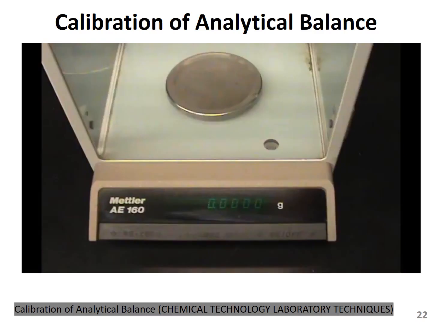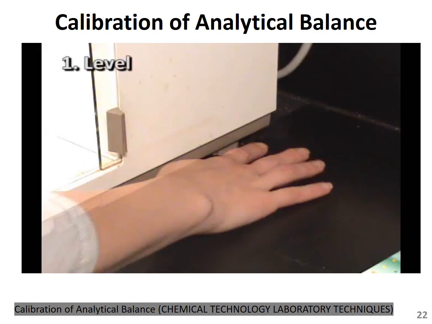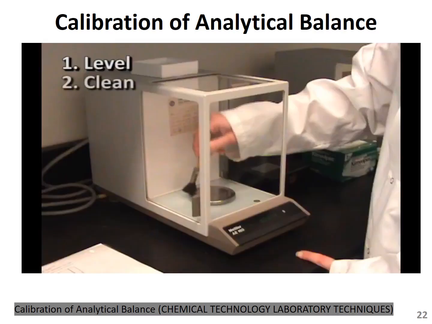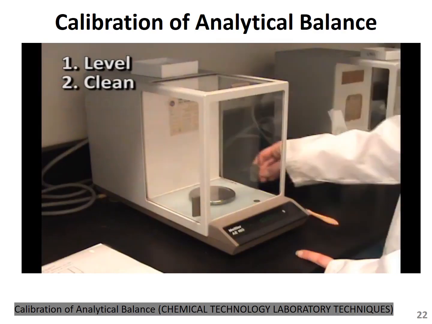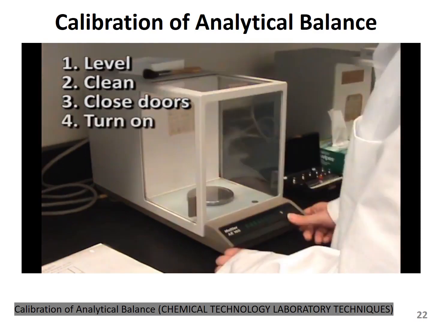Let's review the steps. Level the balance. Clean the tray. Close all doors. Turn the power on.